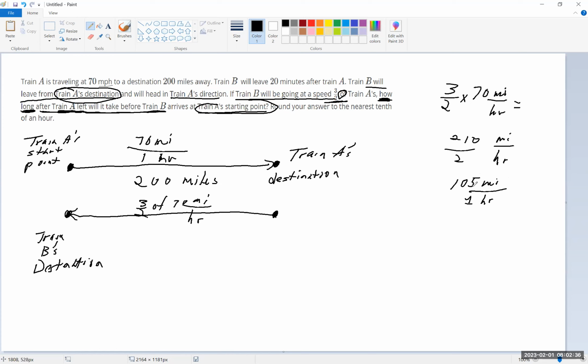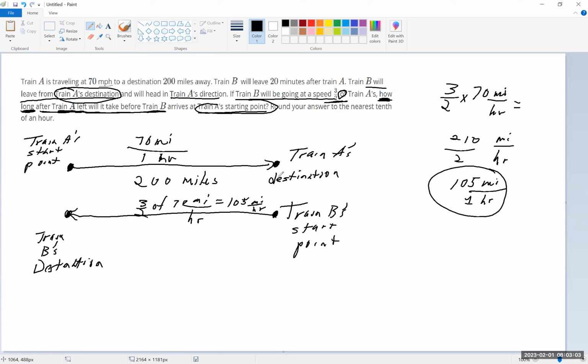So now we know how fast train B is going. This is train B's destination, and this is train B's start point. That's its speed, so I guess we can put it over here, 105 miles per hour.